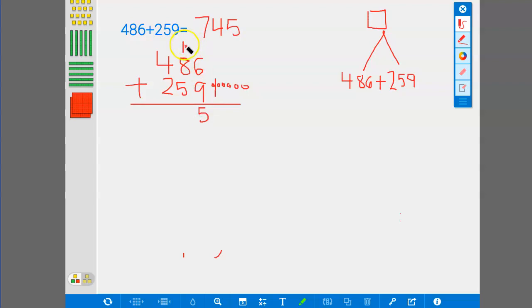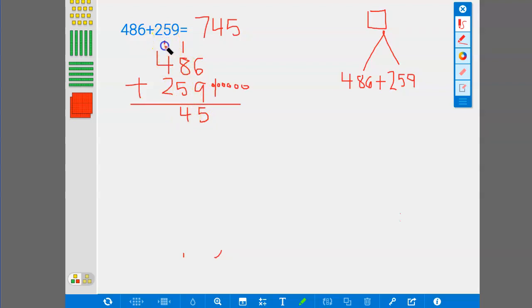Then I'm going to add 1 ten plus 8 tens makes 9 tens, and 9 tens plus 5 tens, that's going to make 14. I know it's 14 because that's 1 less than 6 plus 9, which we said was 15. But since we're adding 9 plus 6, that has to be a little bit smaller than 15. 9 plus 5 is 14.